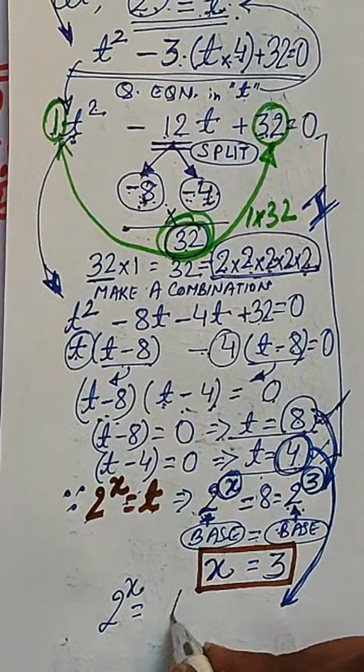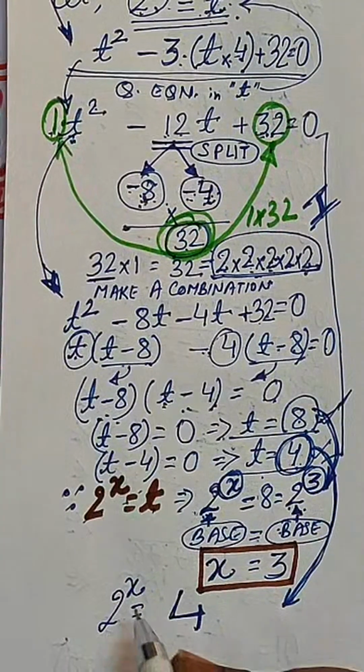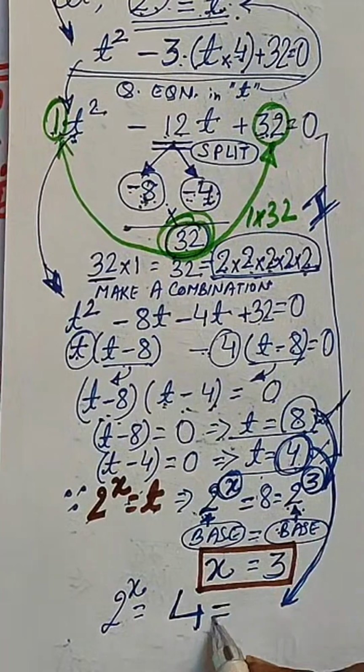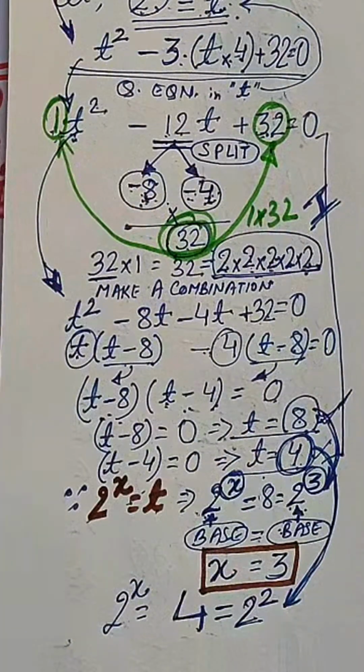So this is equal to 4, right? And when you solve it, 4 can be written as 2 power 2, isn't it?